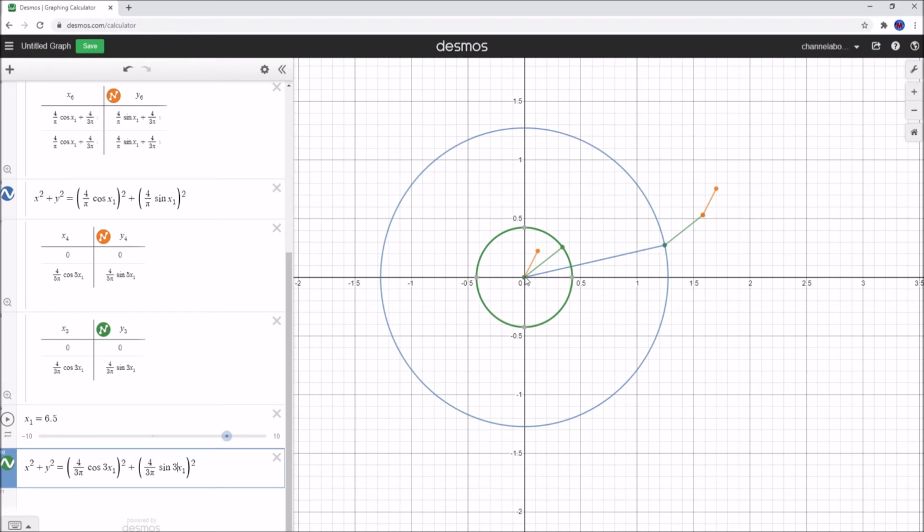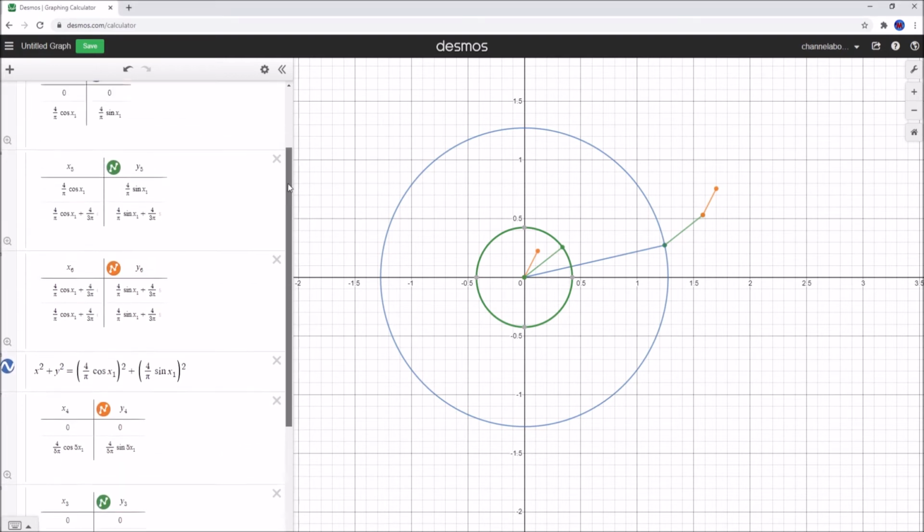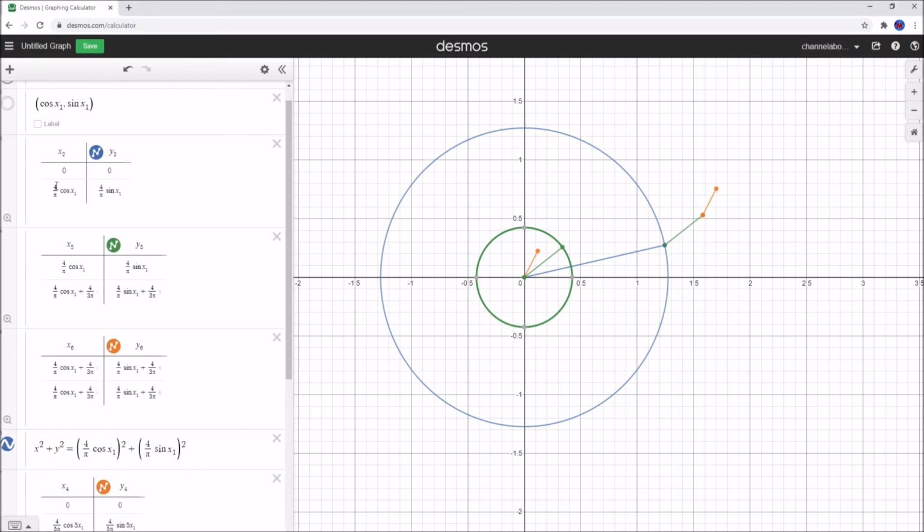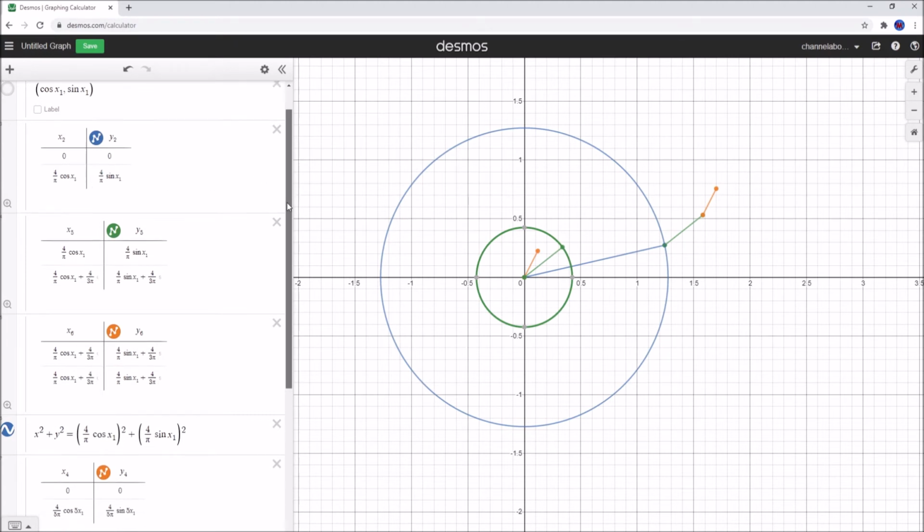So how do we shift the circle over to this point? Well, we can take the left hand side here. In order to get the right position, it's going to be x minus the distance here. Now this distance here is going to be given by our blue circle, and the blue circle x distance is going to be given by the distance here, which is going to be 4 upon pi cos x1 and 4 upon pi sine x1.